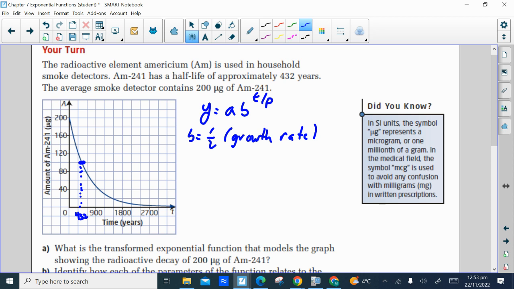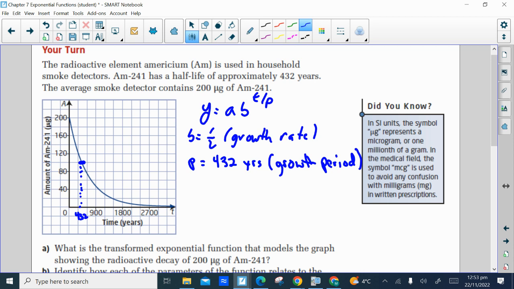P is the growth period. And we're told that it cuts in half every 432 years. That is the p-value. This is the growth period. This graph has the t-axis or the x-axis as its horizontal asymptote.